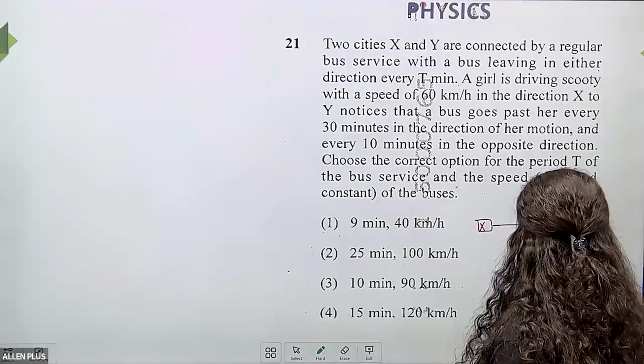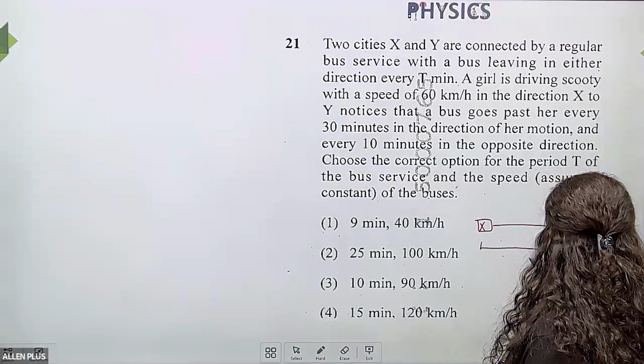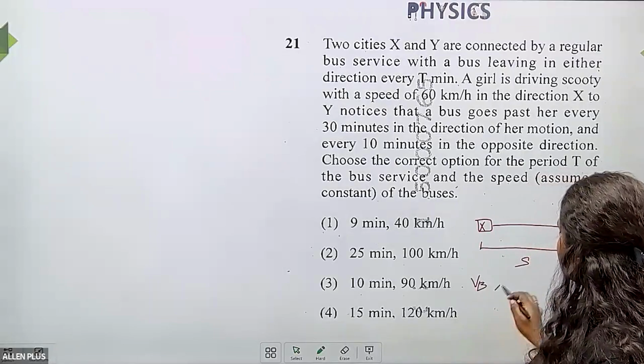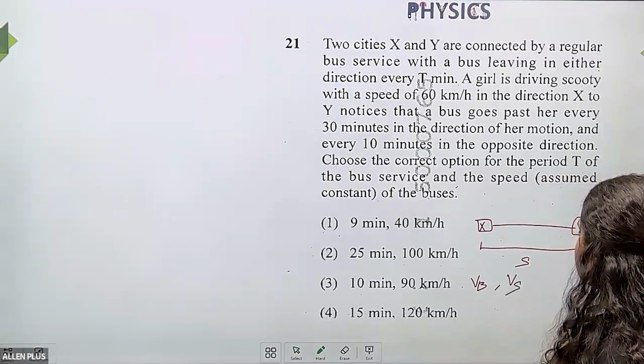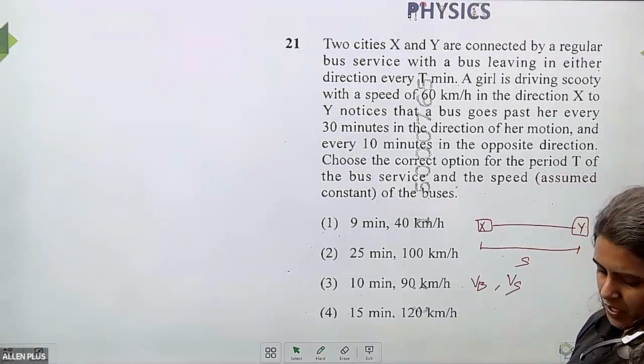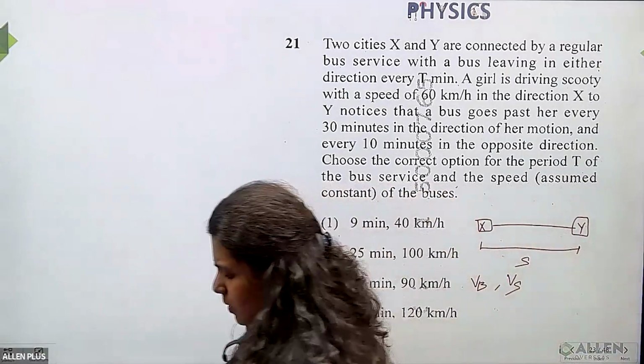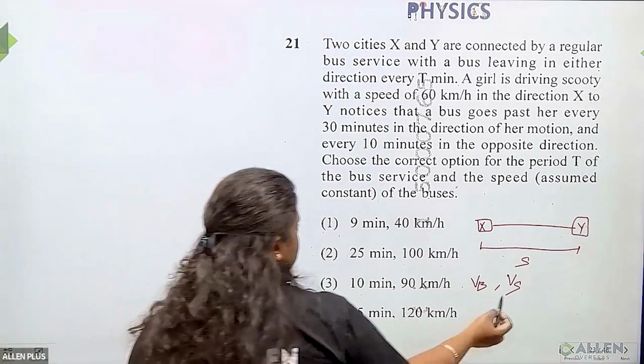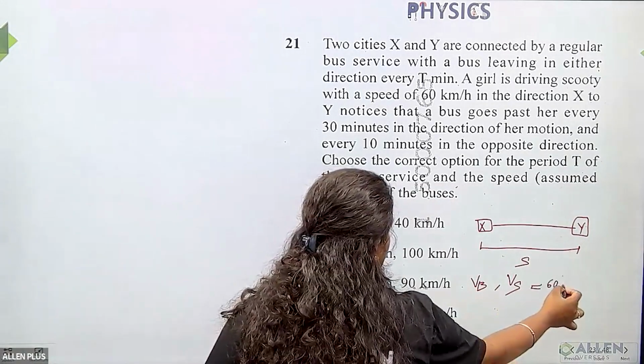From here to here, same distance, no? Distance is going to be same. Let me say the velocity of the bus is VB and the velocity of the girl in the scooty is VS. Now see what is happening. First thing you have to notice is that the scooty speed is given as 60 km per hour.